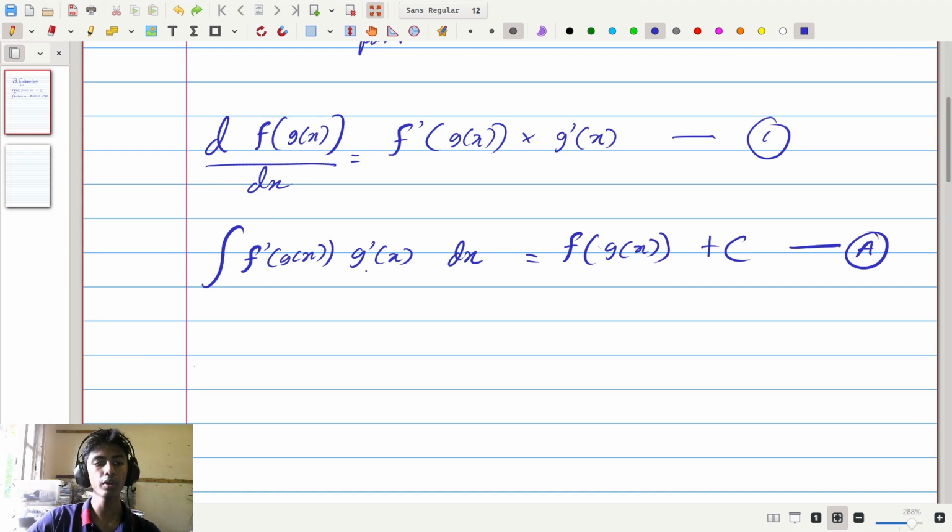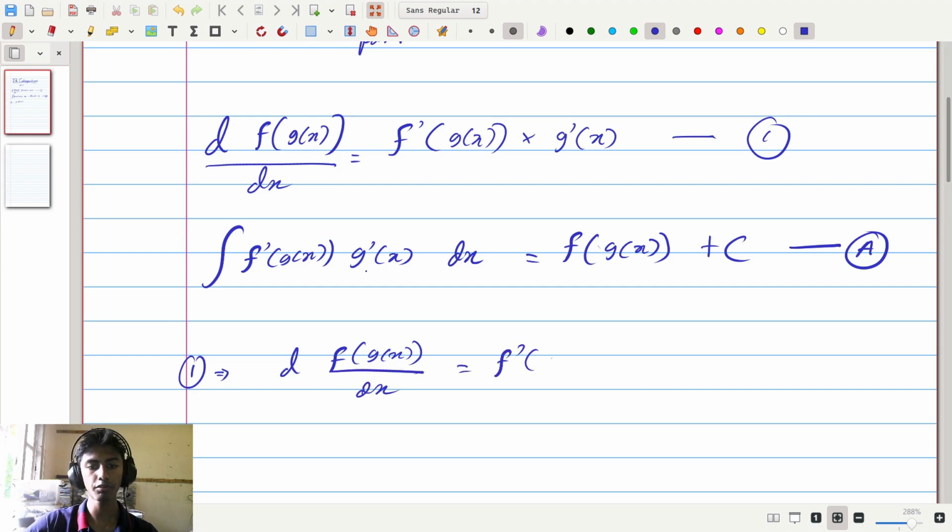Doing so, we can write that d of f of g of x with respect to x is equal to, keeping this part for now, f prime of g of x, but changing this bit and writing it as times the derivative of g of x with respect to x.